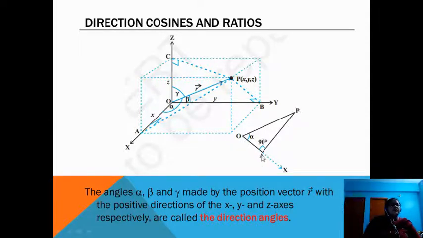So this is just overhead of the point A, and therefore the angle at the point A is a right angle, and hence the triangle OAP is a right angled triangle.